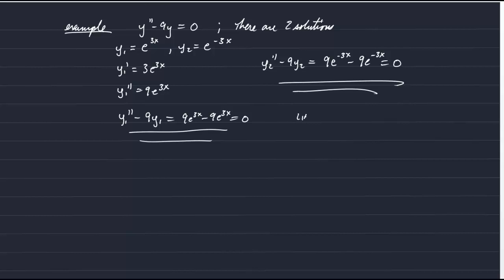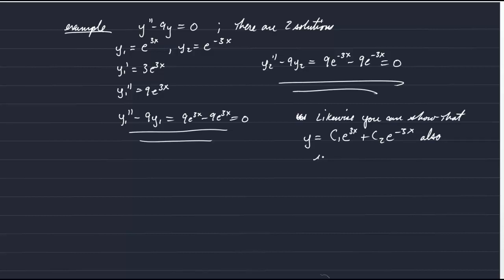And likewise, you can show that the combined function y is equal to, for example, c1 e to the 3x plus c2 e to the minus 3x also is a solution. And I encourage you to go ahead and prove to yourself that this is true. You can work that out for yourself in your notes.